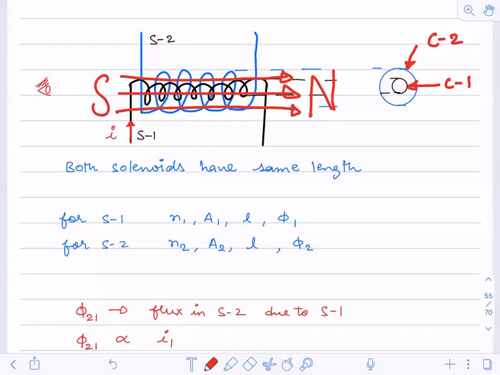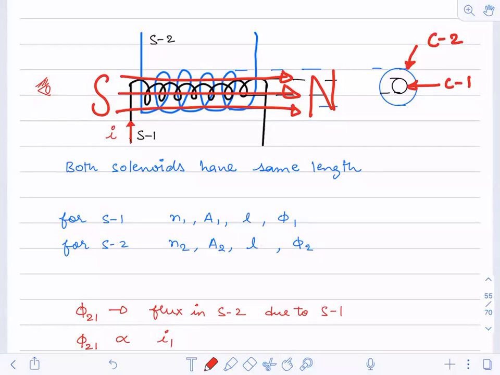So the magnetic field which will be set up, will it be due to the first solenoid or due to the second solenoid? It will be due to the first solenoid because the current is carried by the first solenoid.